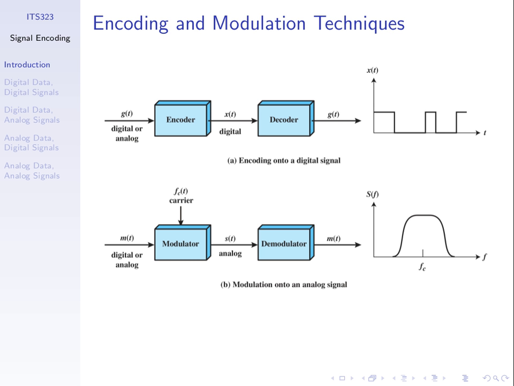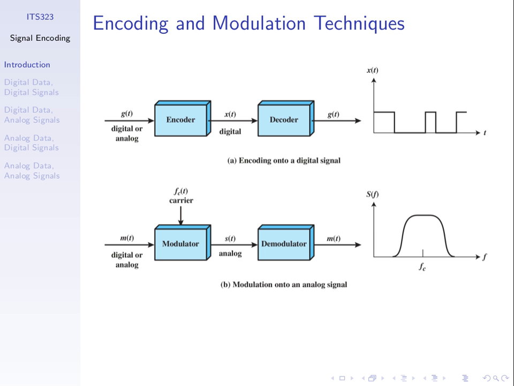At the destination, it receives a digital signal and uses a decoder to get your data back, whether it was analog or digital data. So this is the process of encoding onto a digital signal. We have an encoder and a decoder, or a coder and decoder, combined called a codec. So that's what a codec comes from.